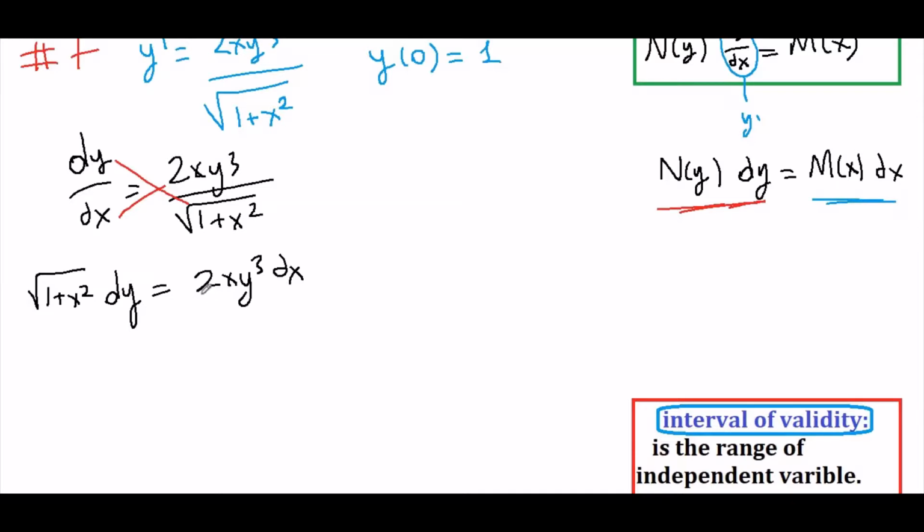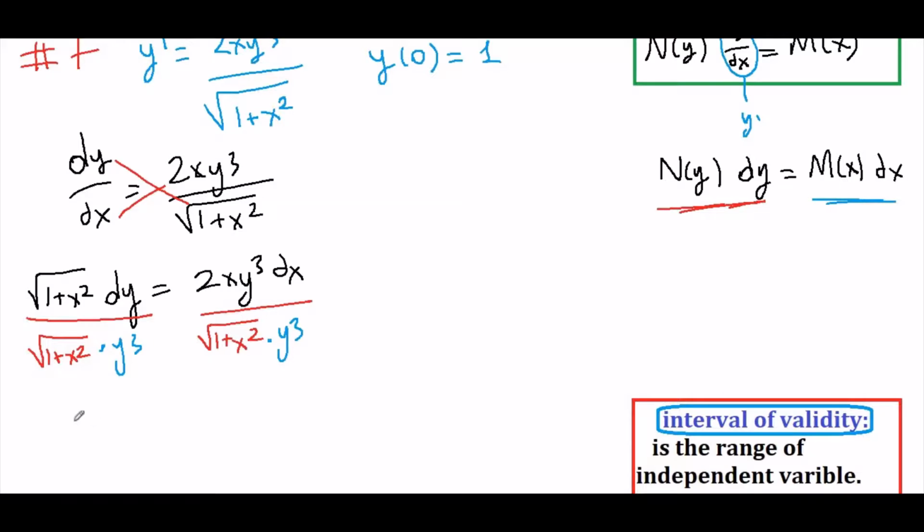We would like x terms on one hand side and y terms on the other. So we divide both sides of the equation by the square root of 1 plus x squared and simultaneously by y cubed. So we carry x's on the right and the y's on the left hand side.